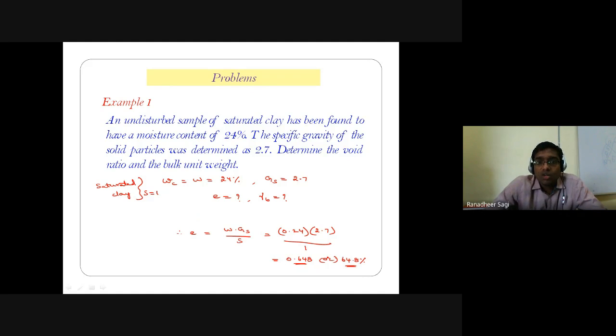And what is the other unknown that I want to find out? The bulk unit weight of the soil. As the soil is said to be fully saturated, what is the unit weight that I am going to be talking about? Though I call it bulk unit weight, here we indicate it as the saturated unit weight of the soil, which is in fact what we are trying to calculate, because the soil is in a saturated condition.